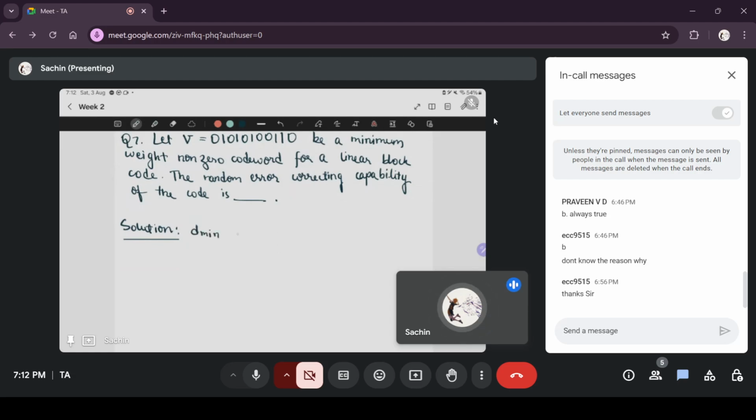So the minimum distance of the code, d min, is equal to the minimum weight, so it will be equal to the weight of the minimum weight non-zero code word.